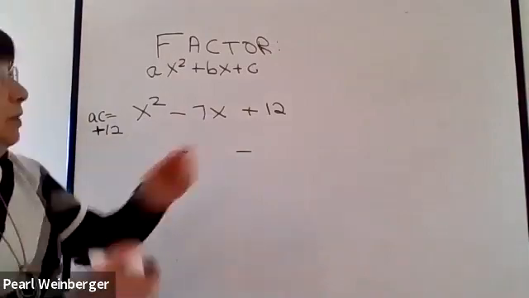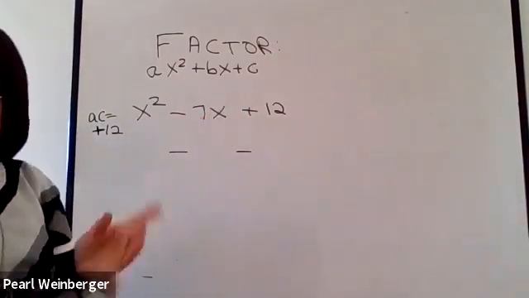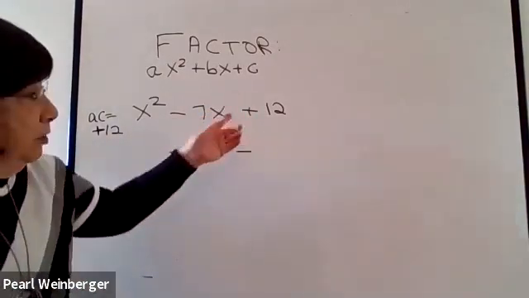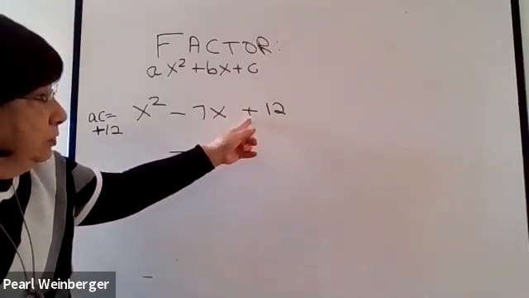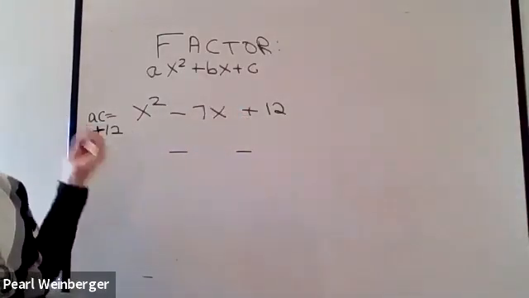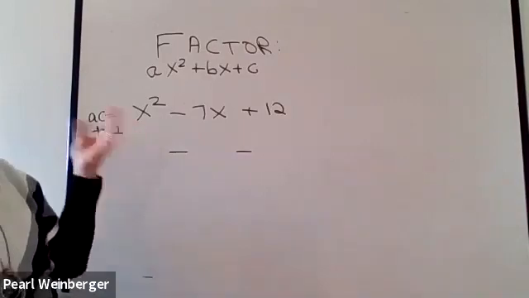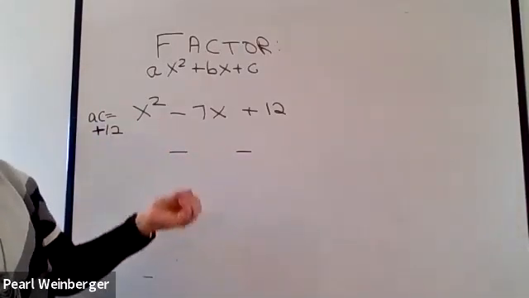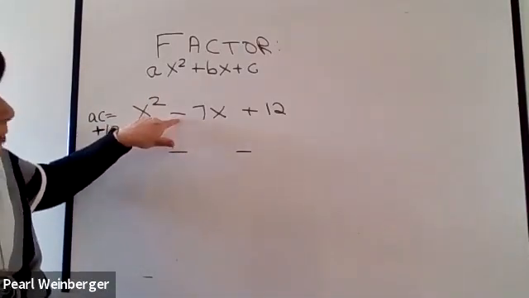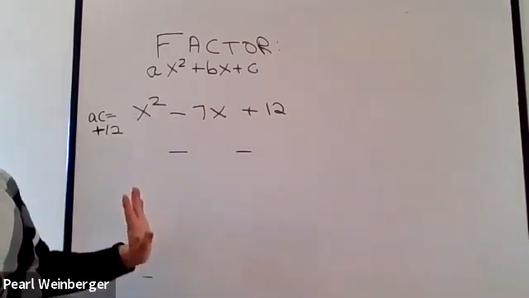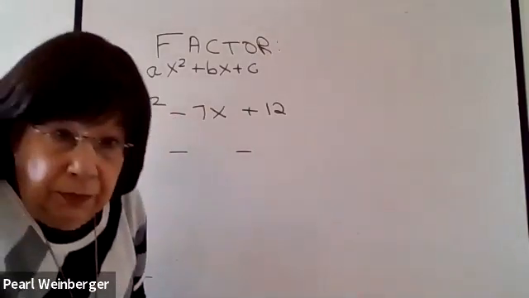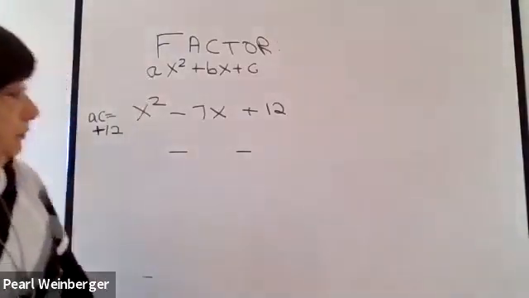I know when the last term is positive, that's because if you're multiplying two numbers, your answer is going to be positive. It means that either you're getting a positive times a positive or a negative times a negative. The middle term tells you what it is. So in this case, they're both going to be negative.